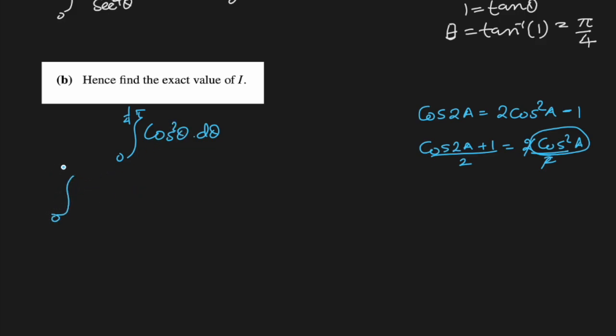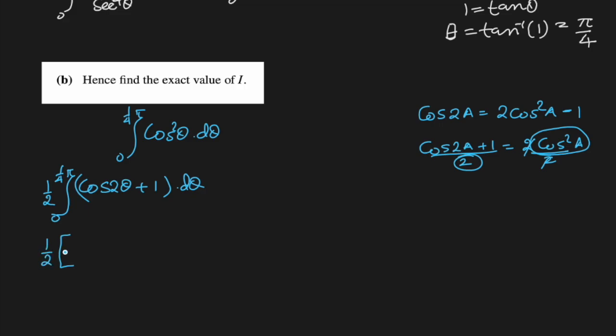So from 0 to 1/4 of pi, since 2 is under both, let's write it outside: 1 over 2, cos 2 theta plus 1, d theta. I wrote this 2 outside so that it does not interfere with our integration. Now we can integrate it.